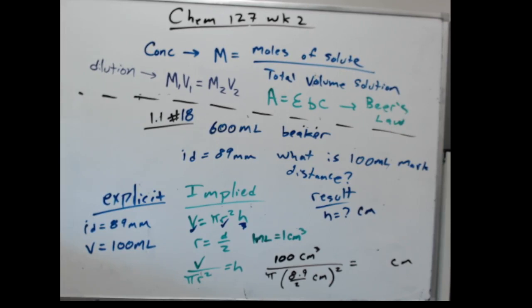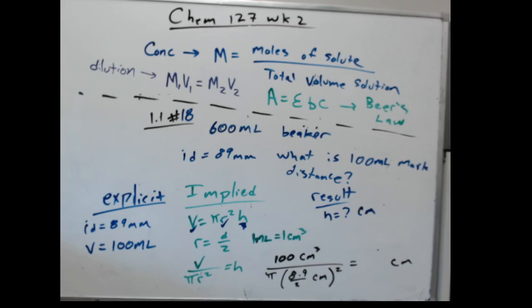Let's go ahead and plug some things in. 8.9 divided by 2 times pi inverse times 100. Did I do that right? I think I forgot to square that. 8.9 divided by 2, squared, times pi inverse, times 100. Yeah, that's better.